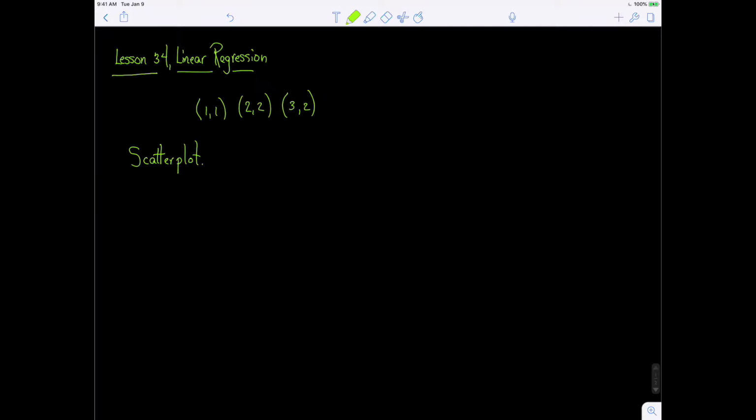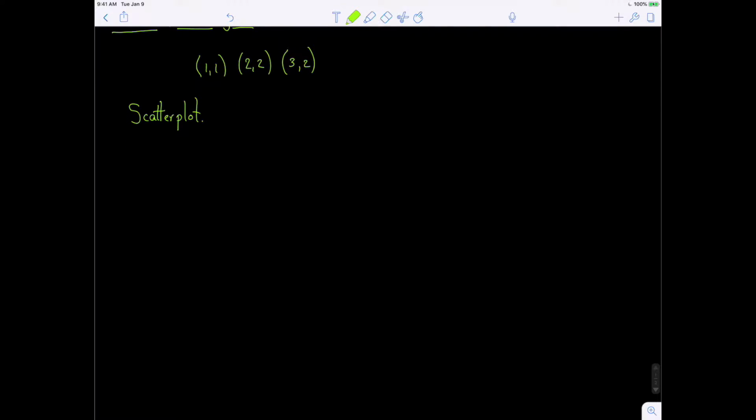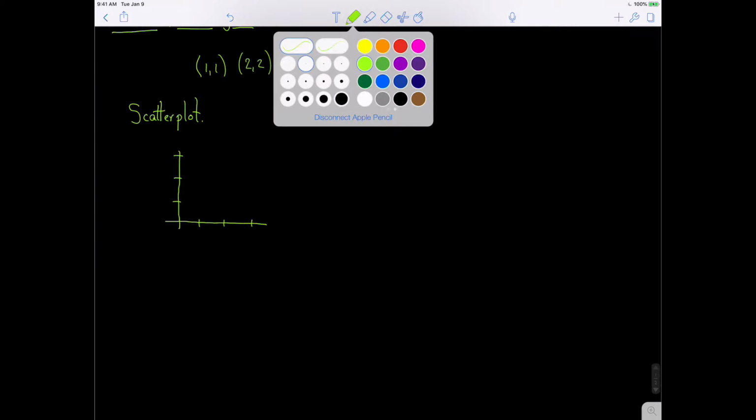Okay, and notice we have ordered pairs, so when we make our scatter plot, our x values are on the horizontal axis and our y values on the vertical. So 1, 2, 3, and then 1, 2, and 3. Now I'll use another color here.